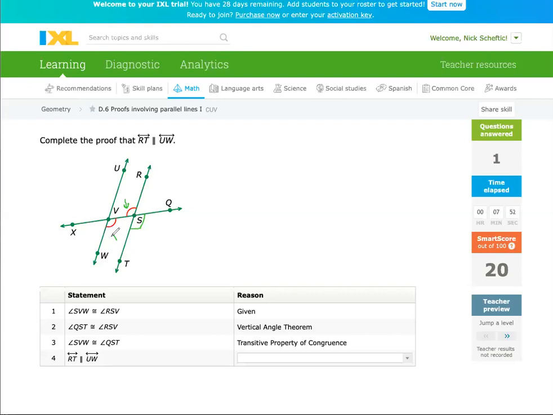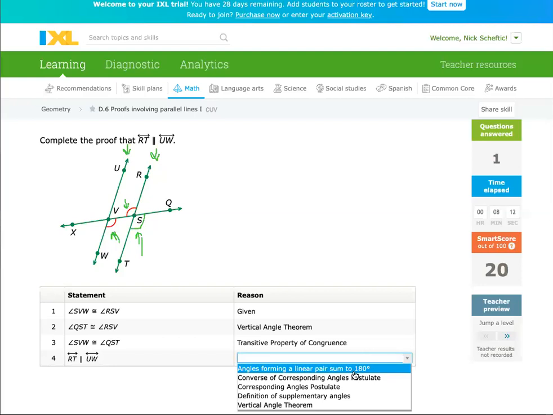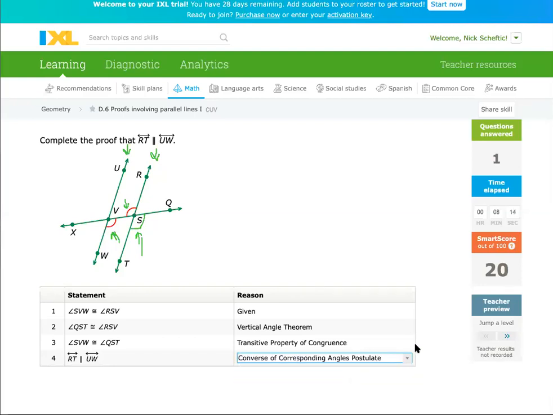I like to think of it like I moved this line over to this line, and those two angles in the bottom here and here should match. So that's the transitive property of congruence. And the last one is going to be converse of corresponding angles postulate.